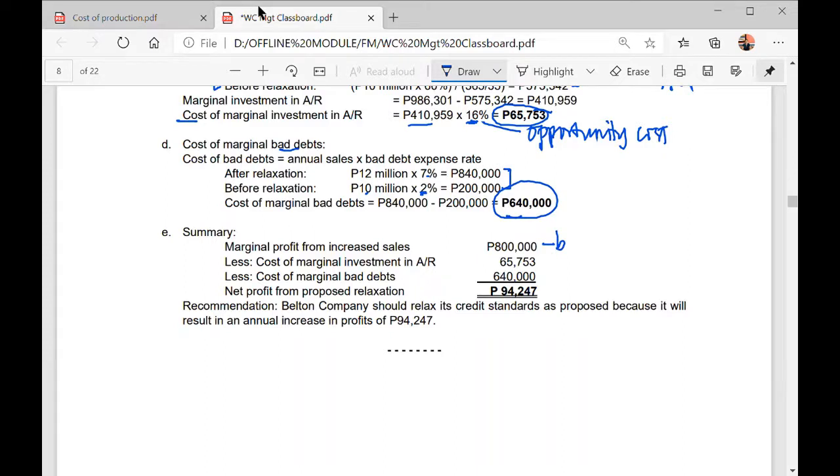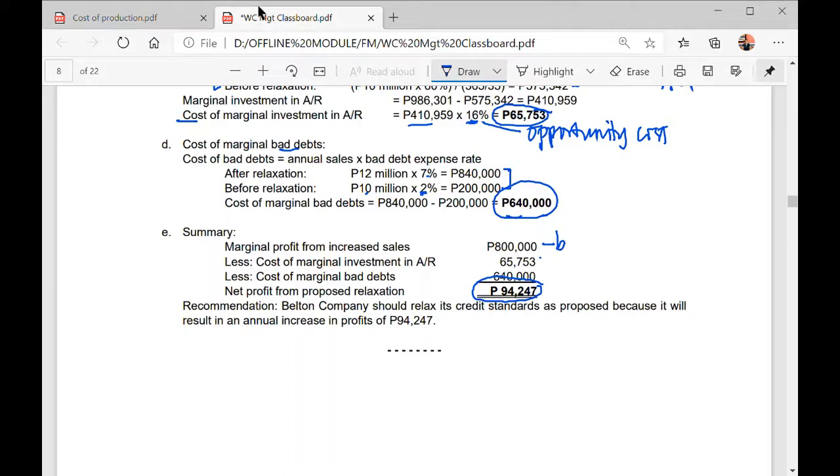Then deduct the opportunity cost, that's 65,753, and deduct the bad debts, because we possibly will not be able to collect them. So the net benefit of changing the policy is 94,247. Since the answer is positive, something remains after we deduct our costs.